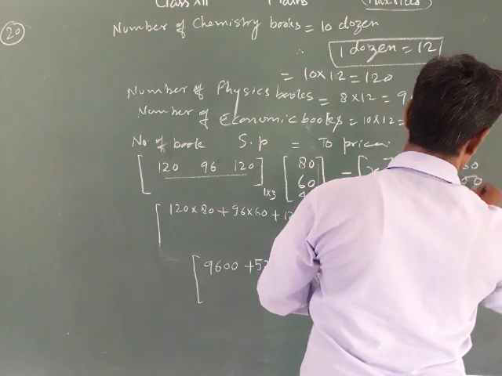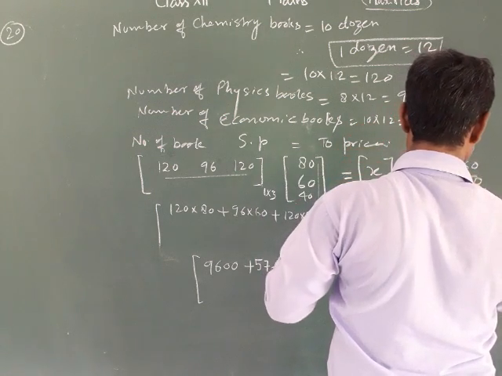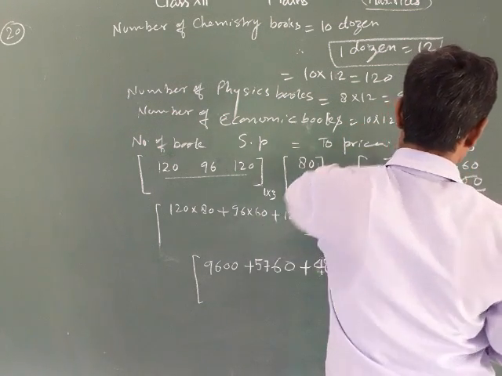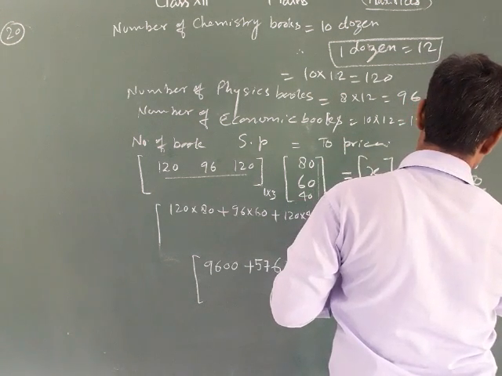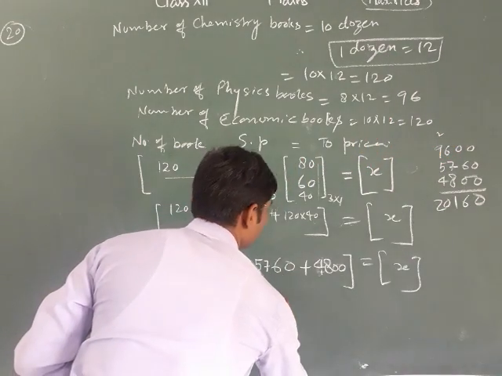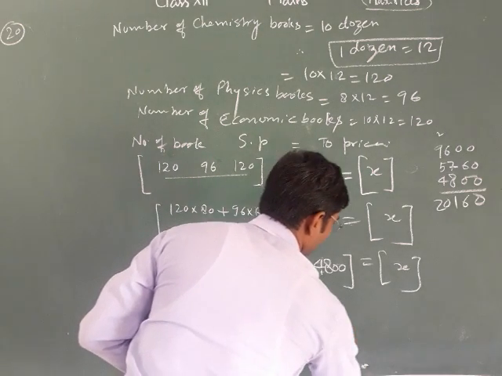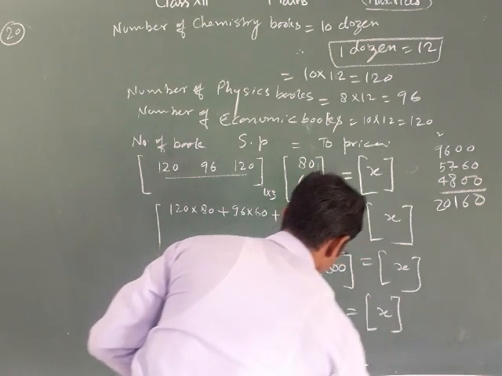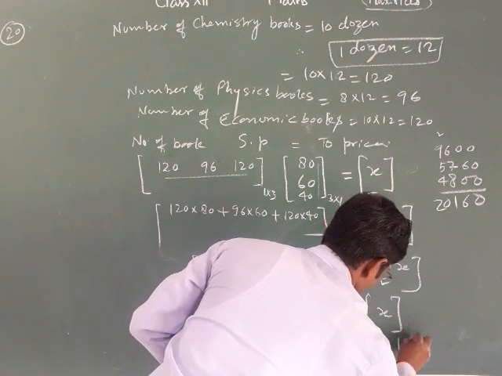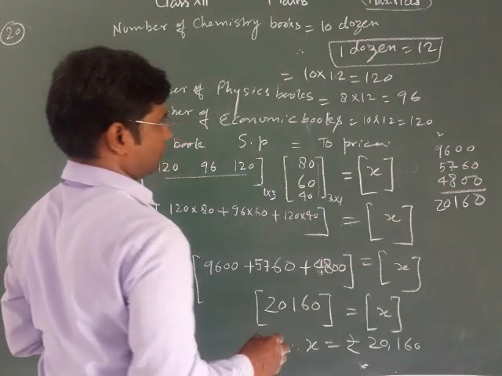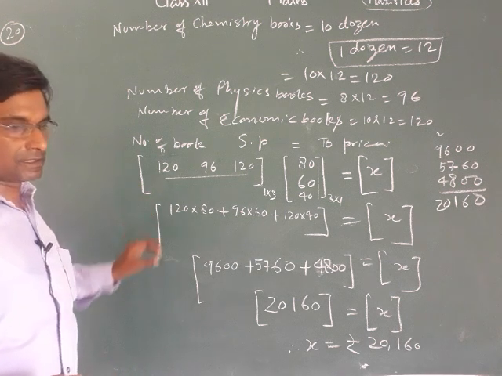This gives 20,160. Comparing with x, x is equal to 20,160 rupees. So this is the answer for the given total price. That's all. Thank you.